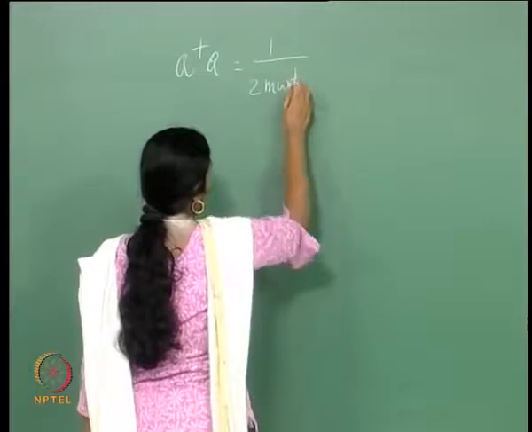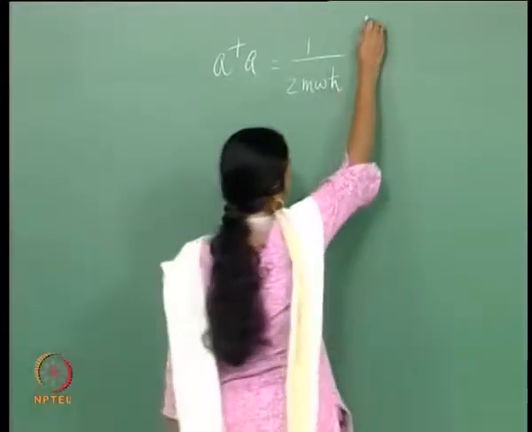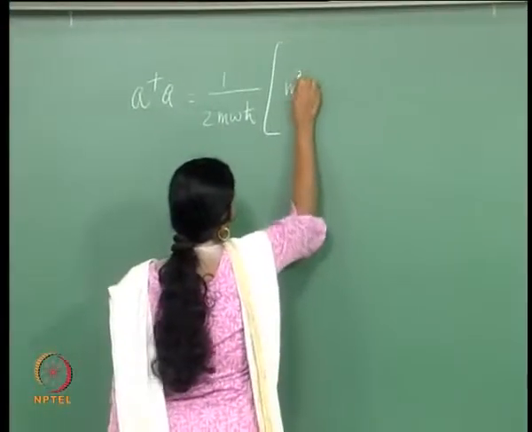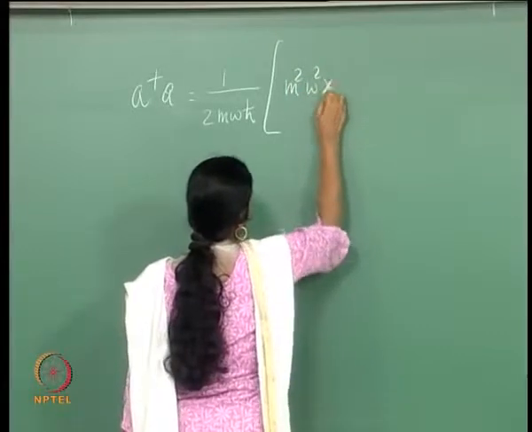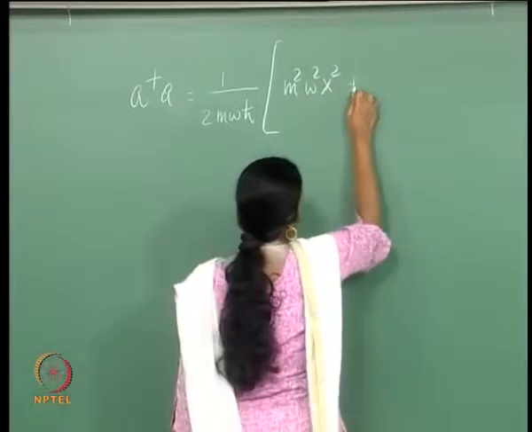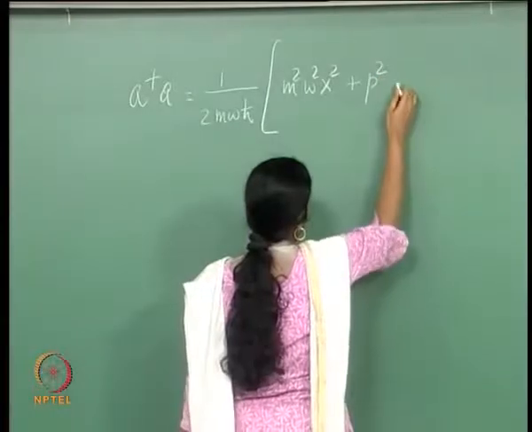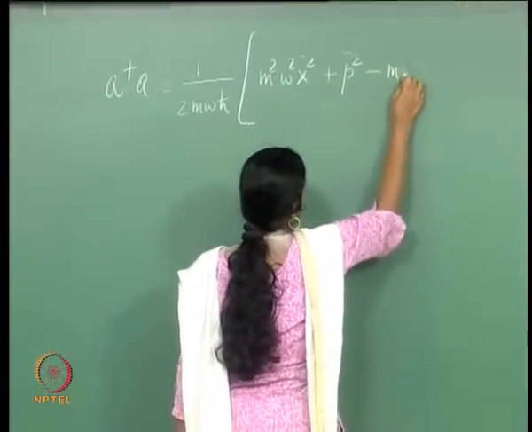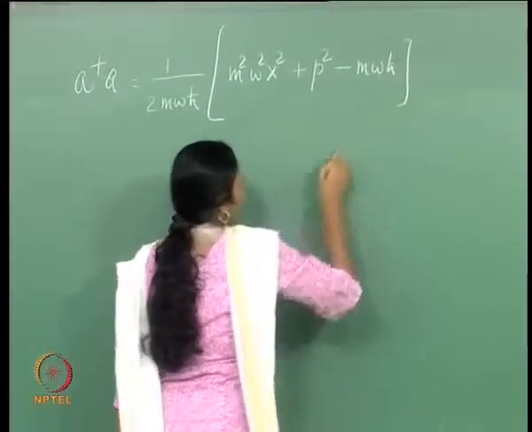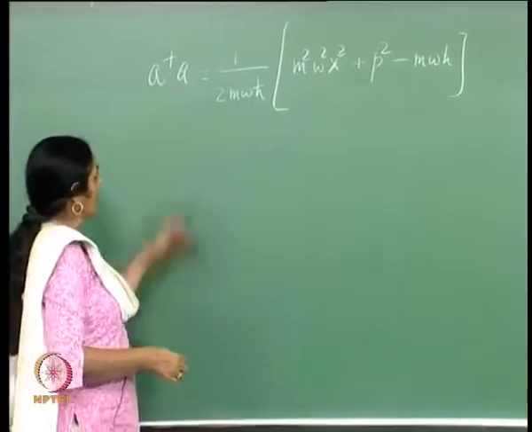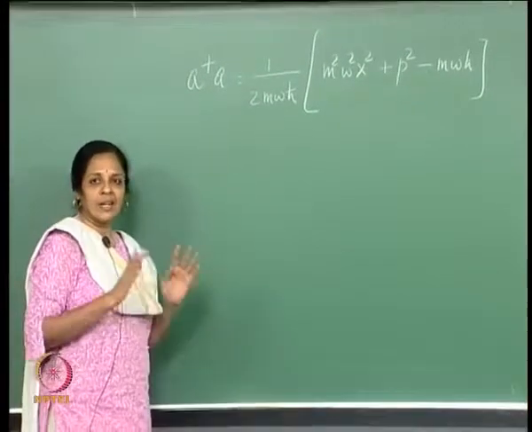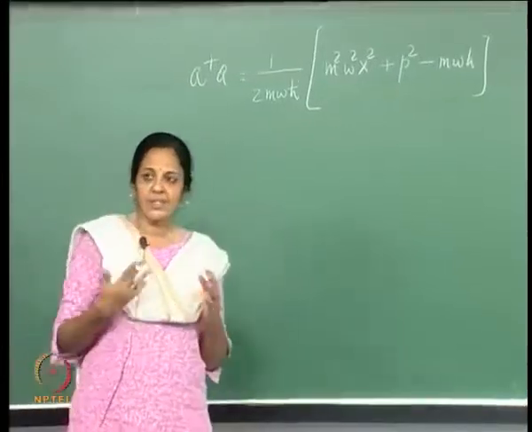I pull out a 1 by 2 m omega h cross, and then I have m squared omega squared x squared plus p squared minus m omega h cross. Now, a and a dagger are dimensionless objects by construct.